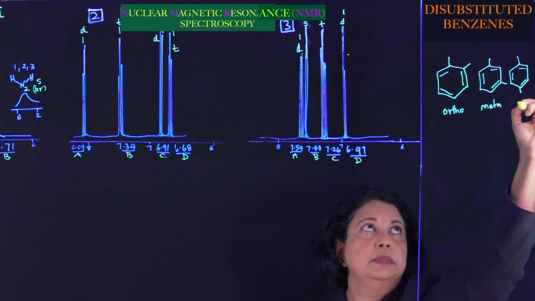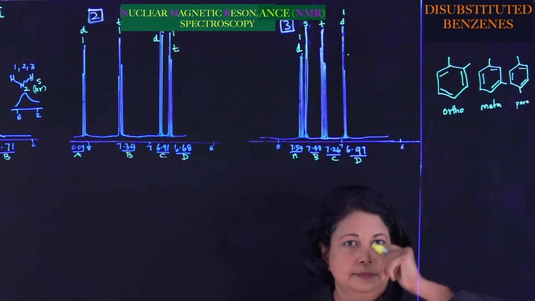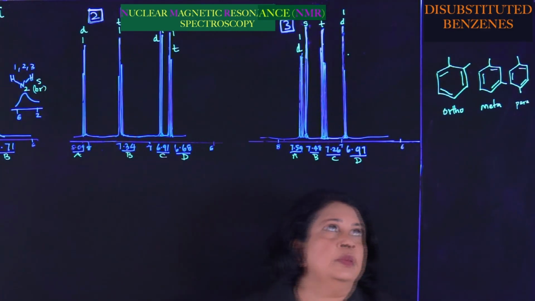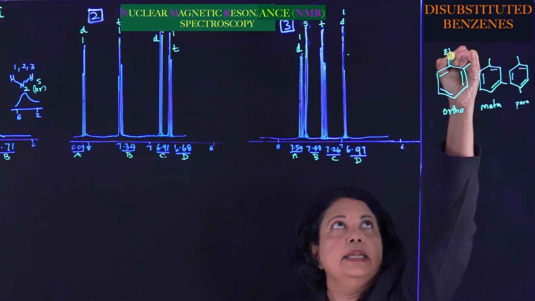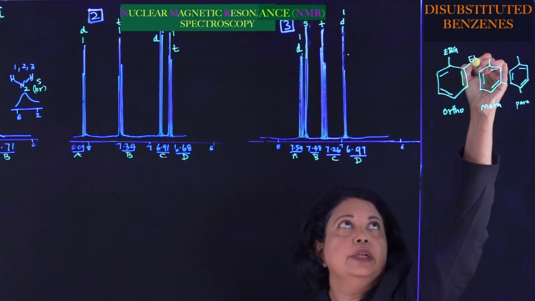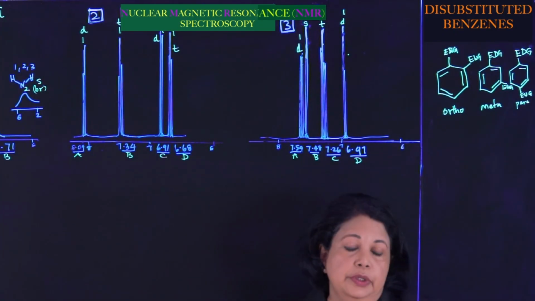Those are the three possibilities. We are going to look at what would happen if you put an electron withdrawing group and an electron donating group. So that's what we're going to do today.